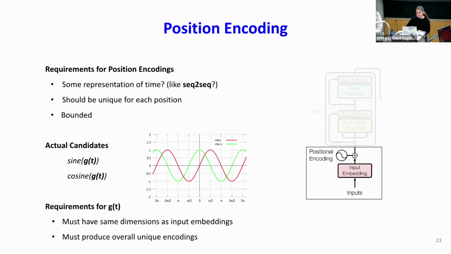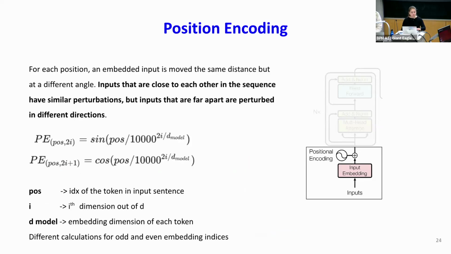And basically, we're using sine and cosine in positional encoding. And so the final formula that was introduced here, you can see there are those two sets of formulas. We have different indices, and we have a separate formula for odd versus even embedding indices. And so for each embedding, we calculate an additional positional encoding that is unique and helps us to differentiate between different positions of different words.